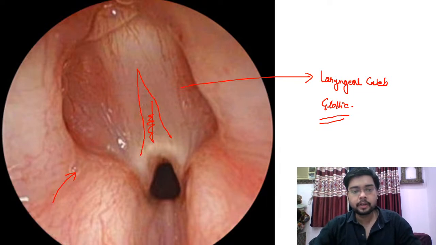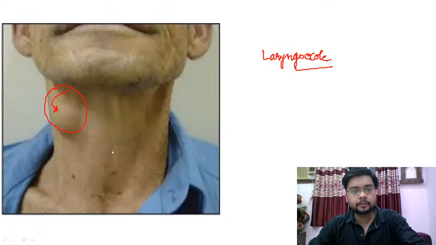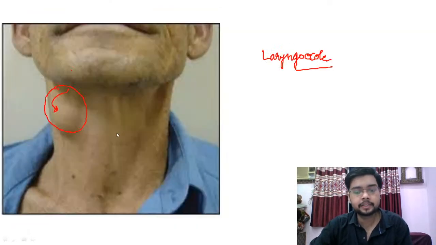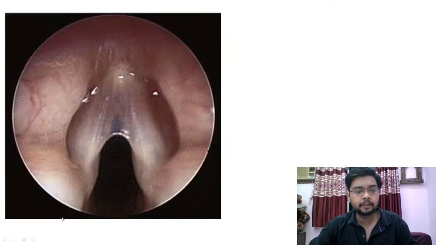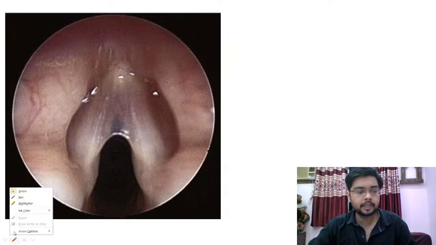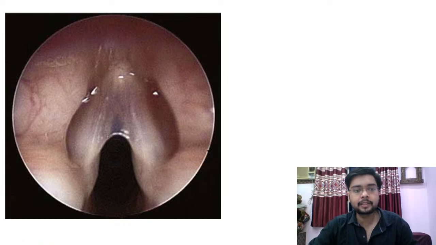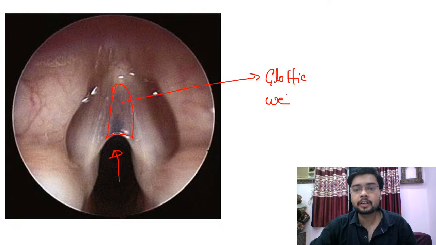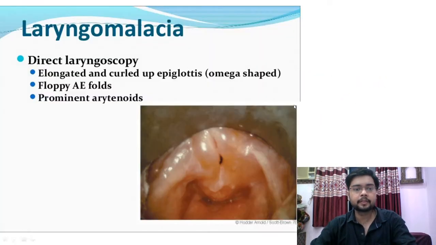So for a complete lumen to get formed, you need canalization. Now in conditions where this canalization is incomplete, like here, in the anterior part you can still see a thin white membrane, and it will lead to a condition called laryngeal web or glottic web, right?